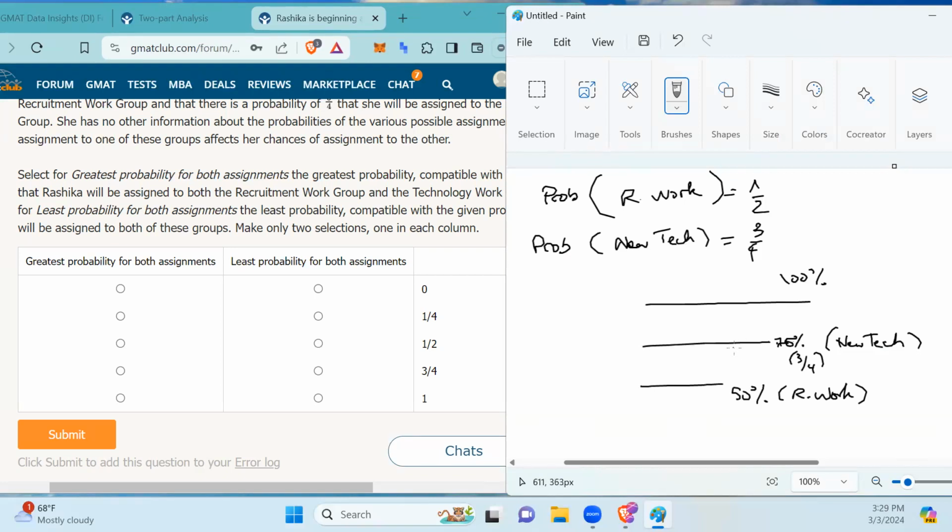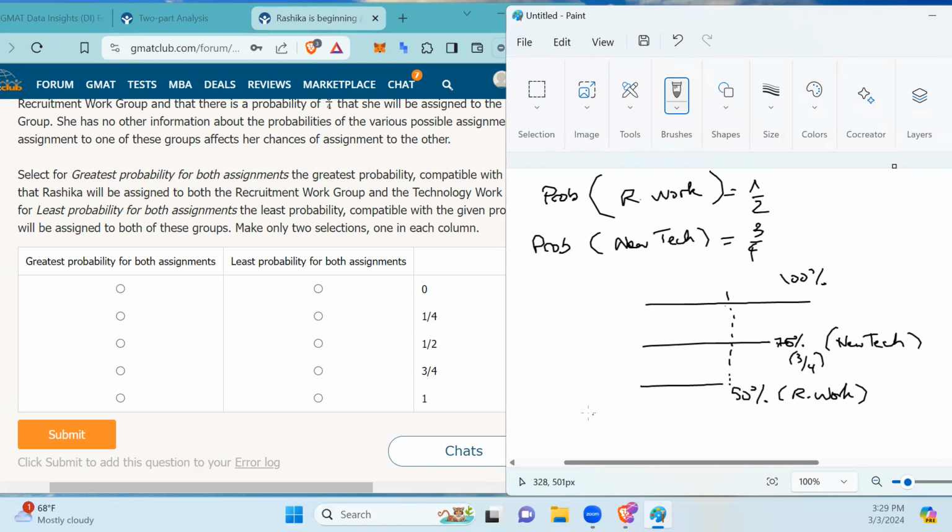Why 50%? Because it can only equal the recruit's percentage. If it equals 75%, then there's a 25% chance that she's not assigned to recruit.